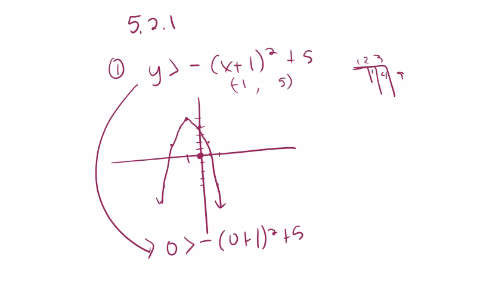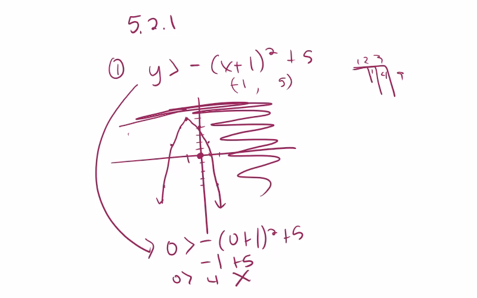Okay, so 0 plus 1 is 1, squared is 1, so negative 1 plus 5 is 4. So is 0 greater than 4? No. That is not true. So that means I'm not going to shade where this point is. I'm going to shade everything else.